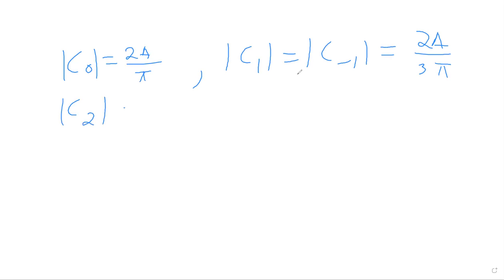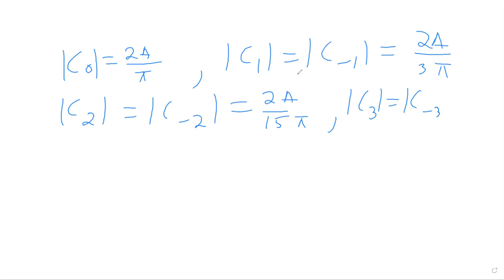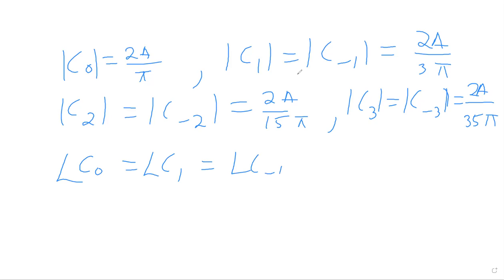C2 is equal to C minus 2, which equals 2a by 15 pi, and C3 is equal to C minus 3, which equals 2a by 35 pi. Okay, and the angle of all of these, C0, C1, C minus 1, whatever it may be, is equal to 0 degrees.